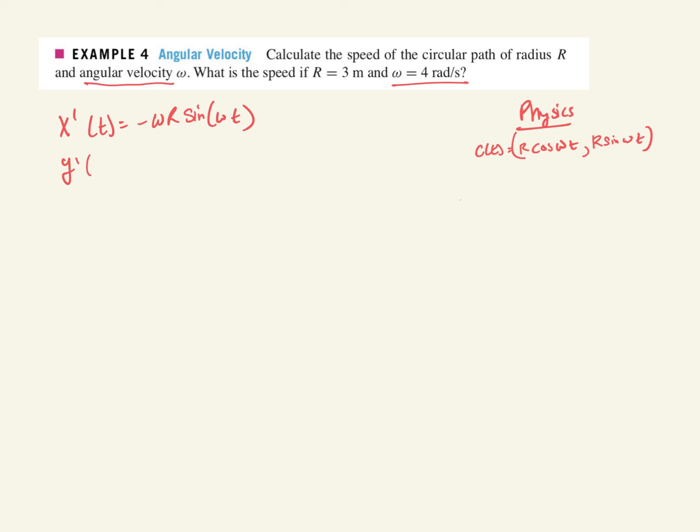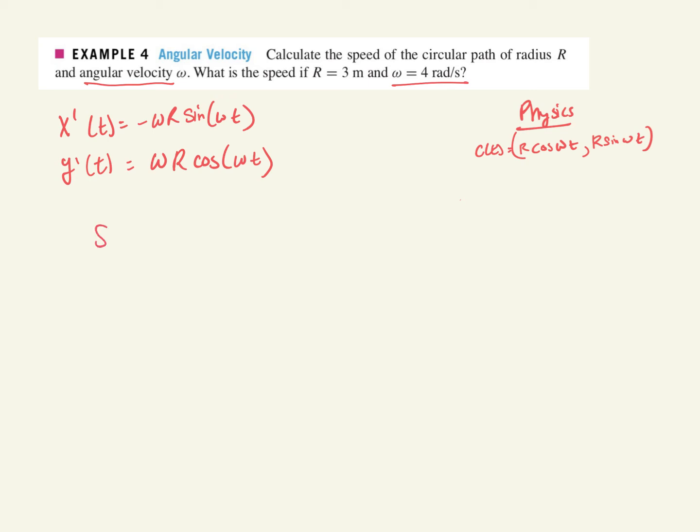And my y prime, same idea here, but it's positive omega r cos of omega t. So this problem works out really nicely. I'm still not disagreeing with your physics approach, but this will work out easily.